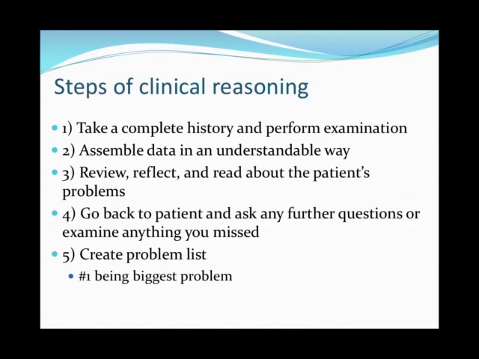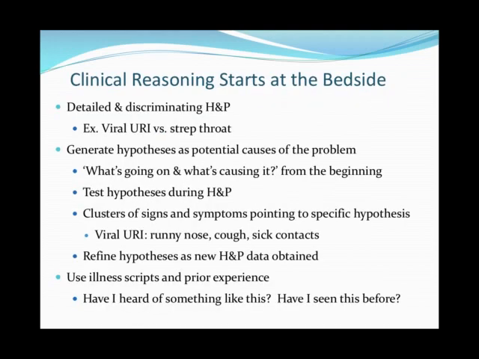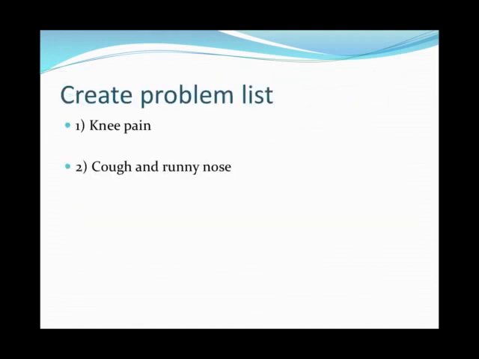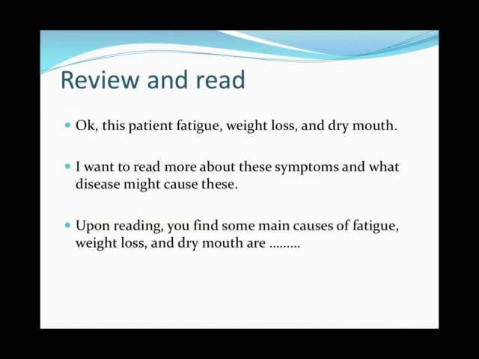And then from there, we're going to talk through or write down the different features that might make one diagnosis more or less likely. And then we're going to write down the further actions that we're going to take to narrow down the differential diagnosis.